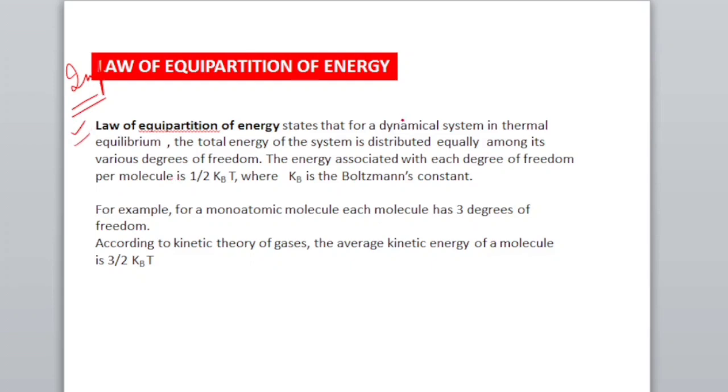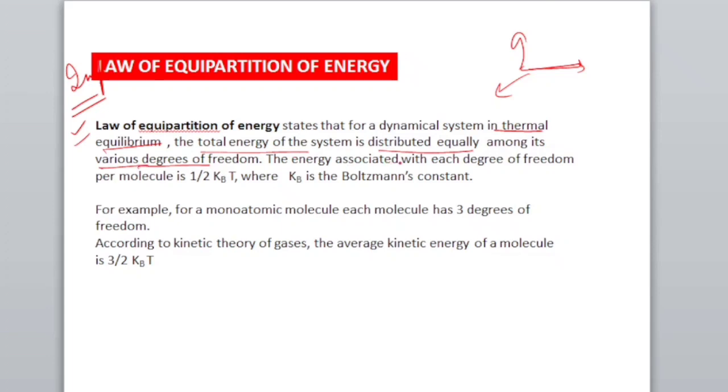It states that for a dynamical system in thermal equilibrium, where there is no exchange of heat, the total energy of the system is distributed equally among its various degrees of freedom. Suppose in case of monatomic gas, there are 3 degrees of freedom. So in all degrees of freedom, this total energy is equally distributed.